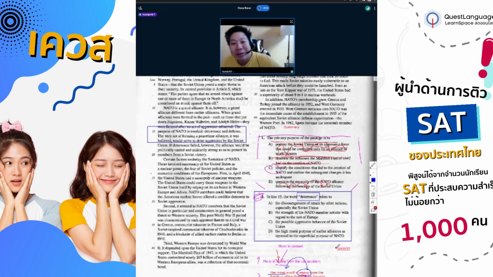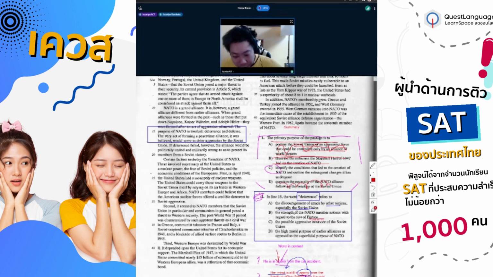You know what I mean? Yeah. So just stop it. Don't do that anymore by attacking. So basically we have to keep A. But look at B here. The strength of NATO member nations with regard to the rest of Europe. They're talking about deterrent as the strength of NATO. Is that it or is it not?